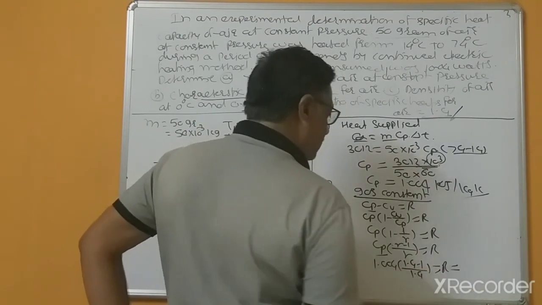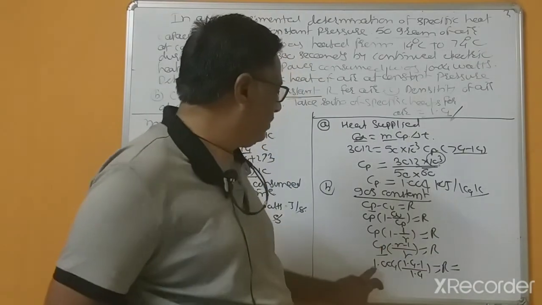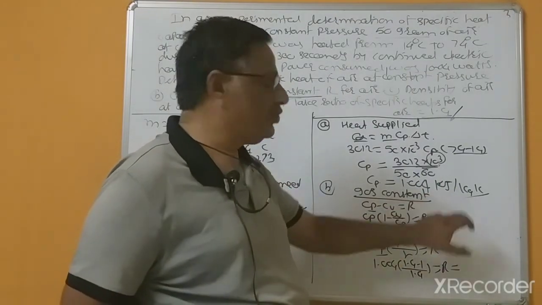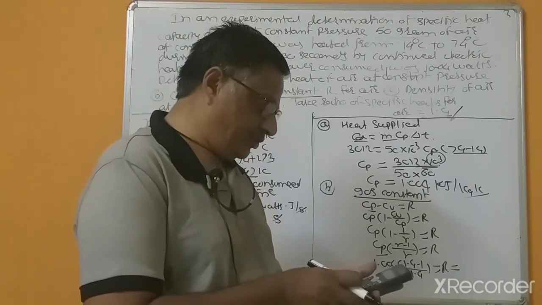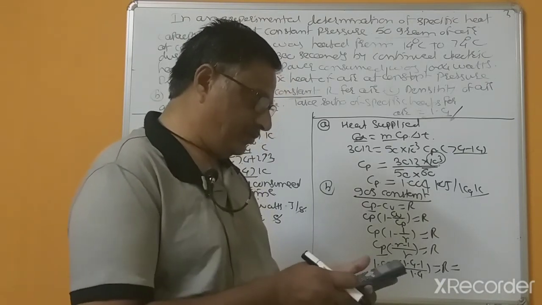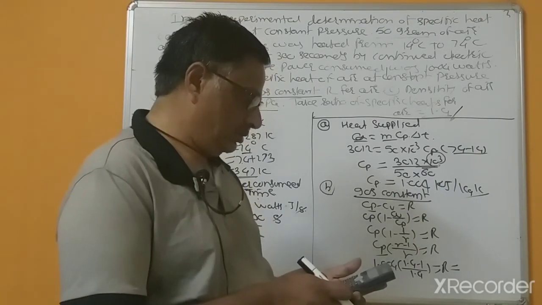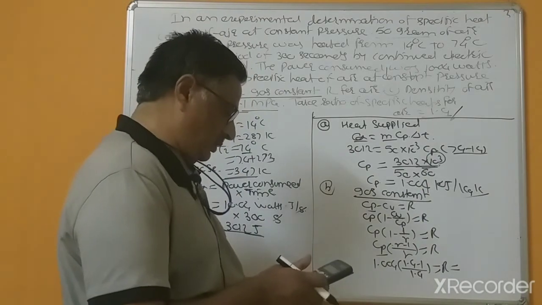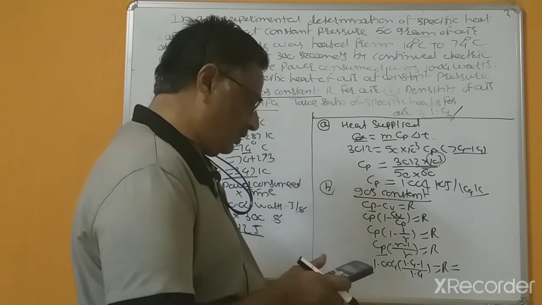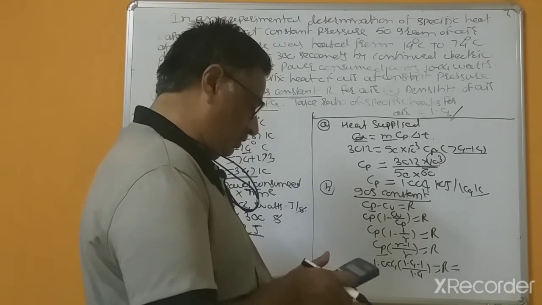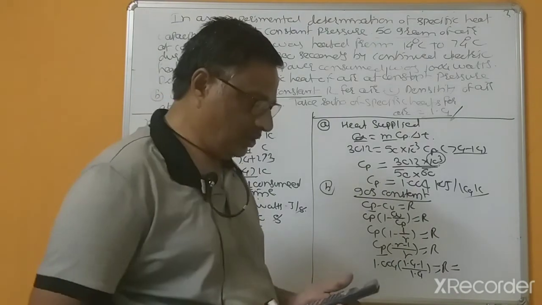This R is in kilojoule because we considered Cp in kilojoule. 0.4 divided by 1.4 is 0.2857.